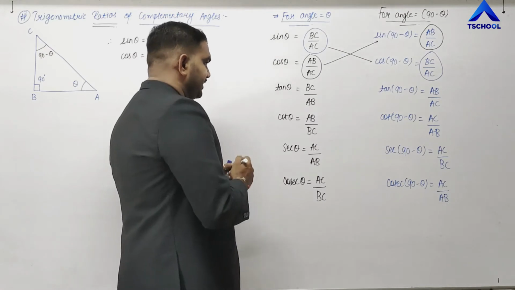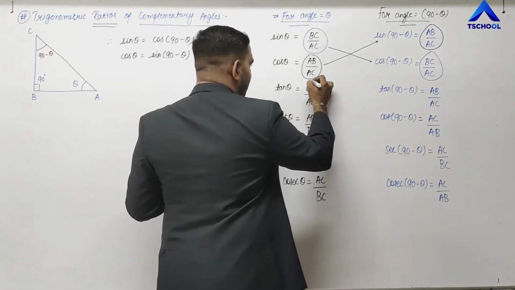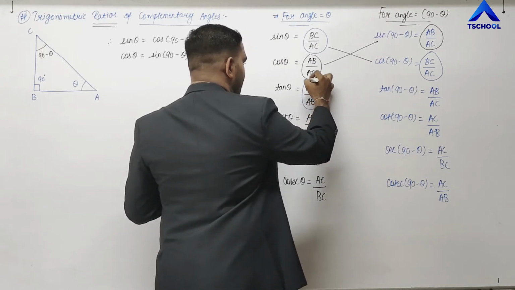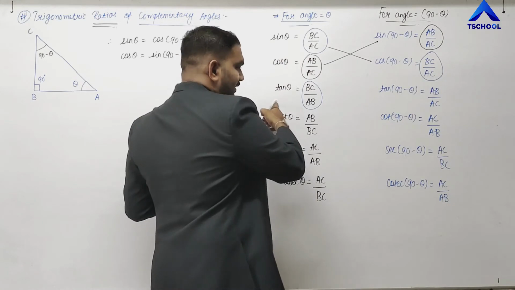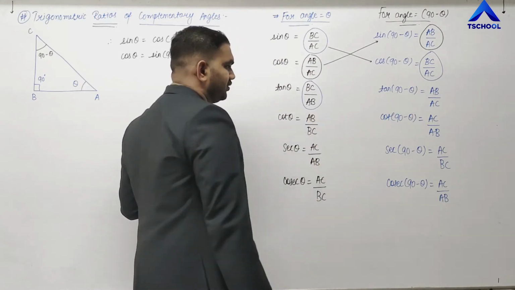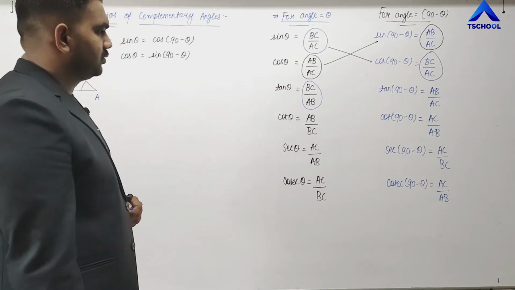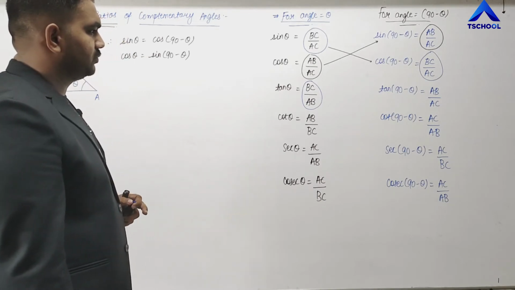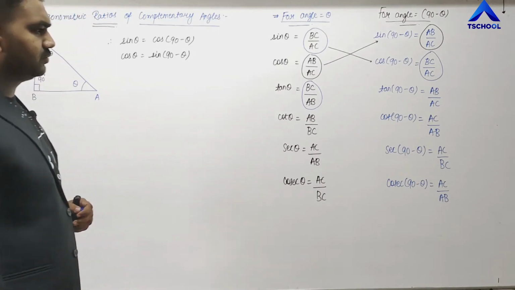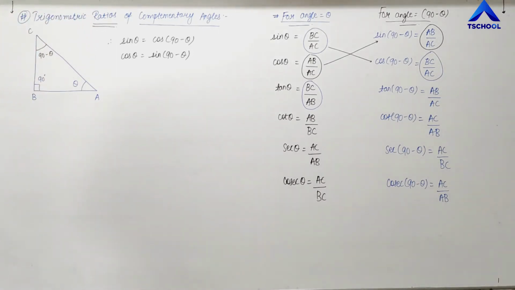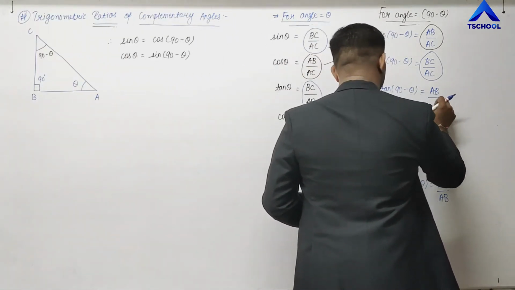Third one, that is tan theta. What is tan theta here? BC upon AB, and tan theta, then that is, sorry, I made a mistake here.